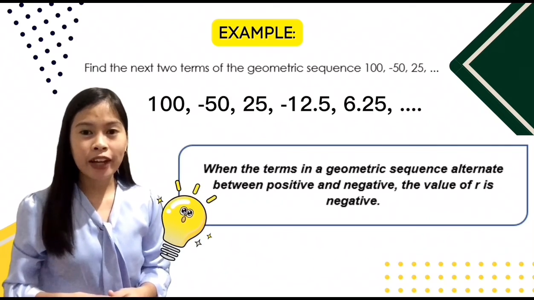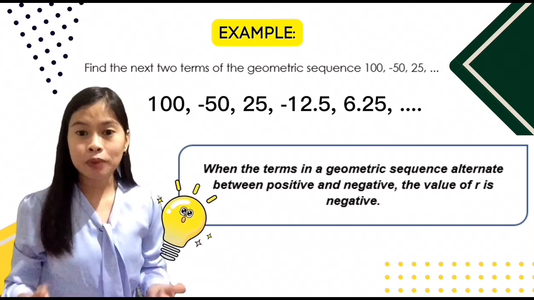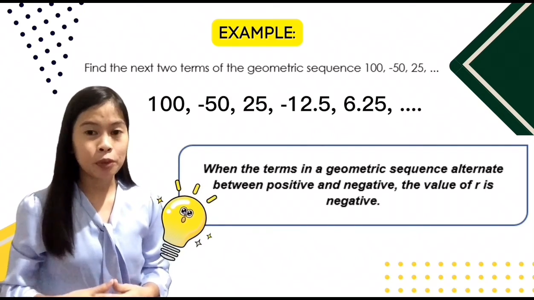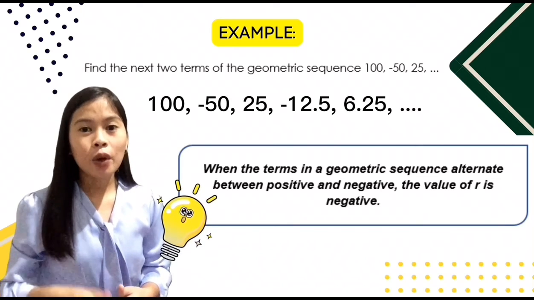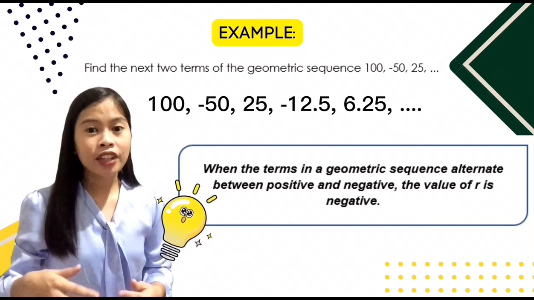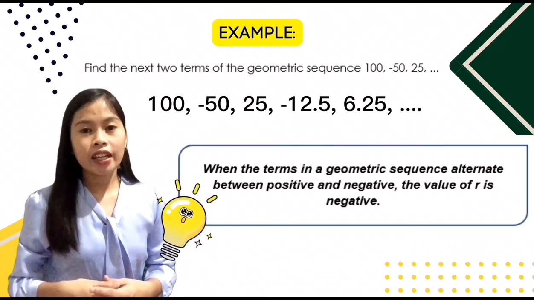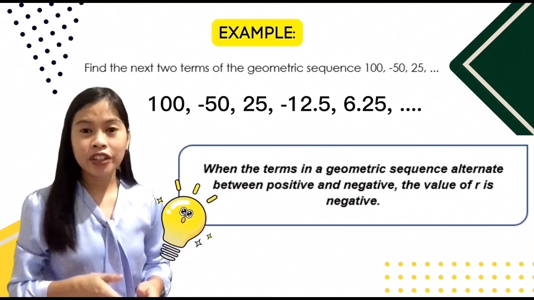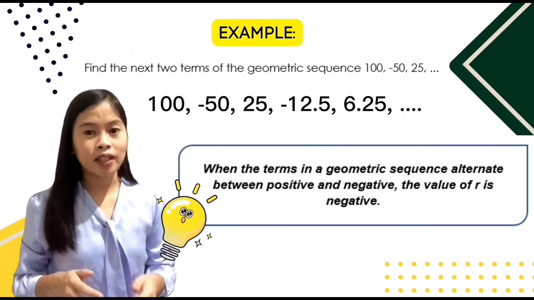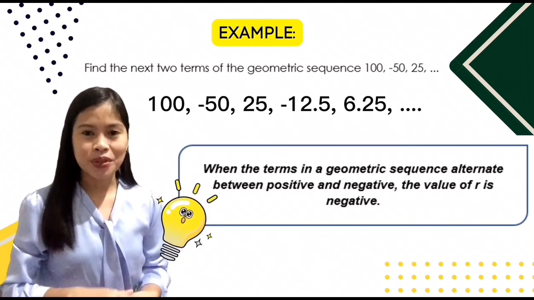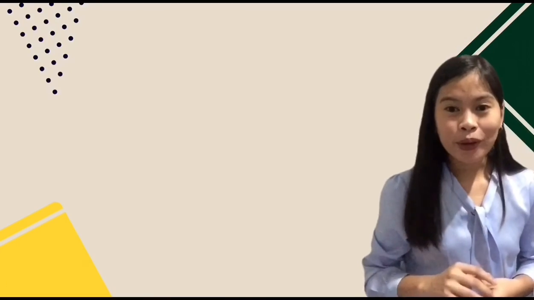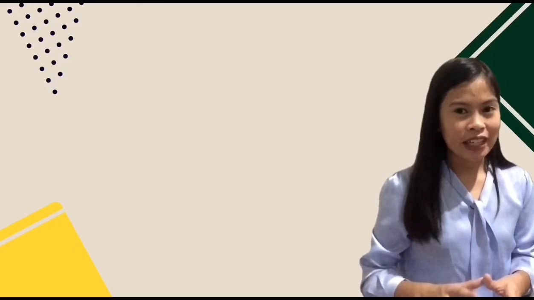Previously, we have identified that the common ratio for this given geometric sequence is negative 0.50. With that, we can assume that the next terms in this sequence will be alternating to positive, and so on.